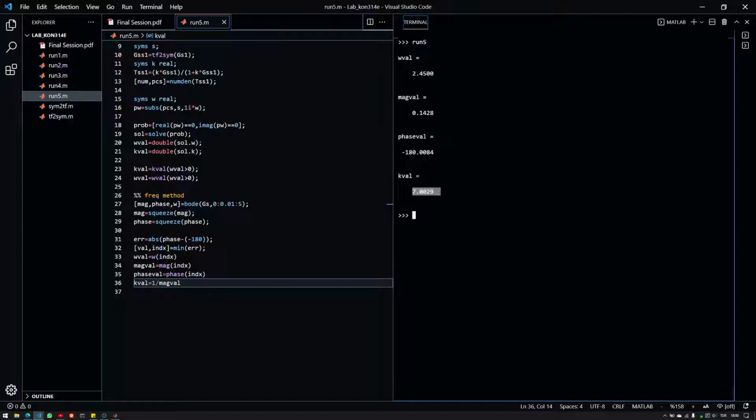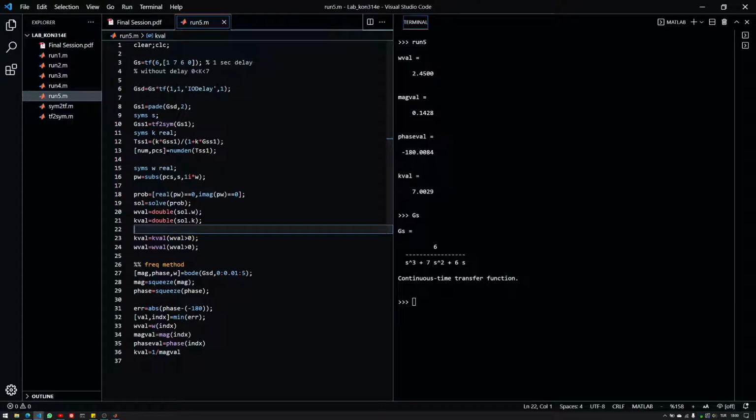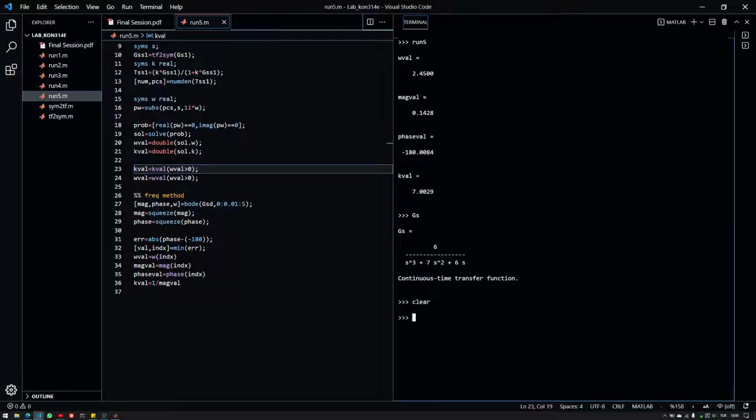And as you can see, it is 7. Now, in G(s), we don't have any delay. So if we use G(s)T, since that has the delay part, let's see what the delay does to the system.